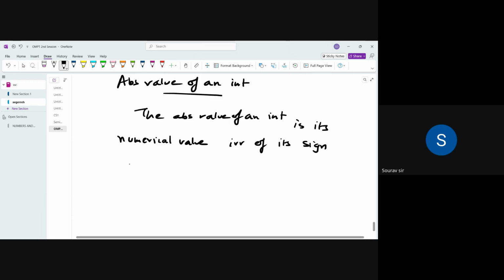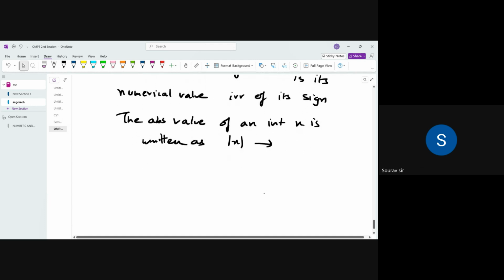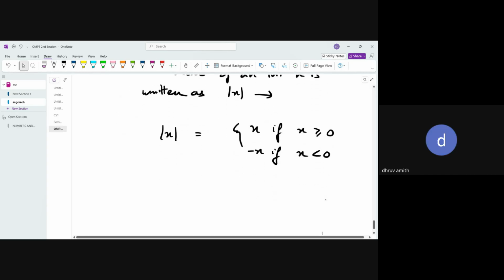That is, the absolute value of an integer x will be written as |x| and will be defined as |x| is equal to x if x is greater than or equal to 0, and minus x if x is less than 0. Got it?